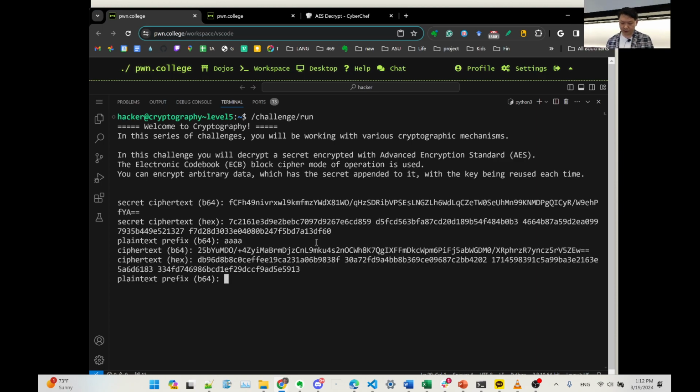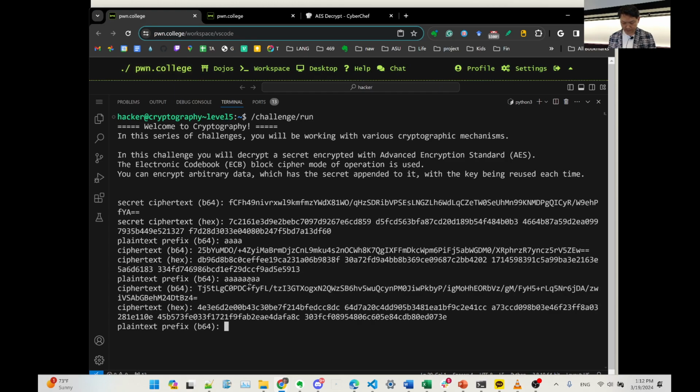Yes, they make some different blocks, right? One, two, three, four blocks. So you can increase the arbitrary plain text prefix. In this case, you can see another block is generated, so five blocks exist. In this way, it's kind of a brute force attack.